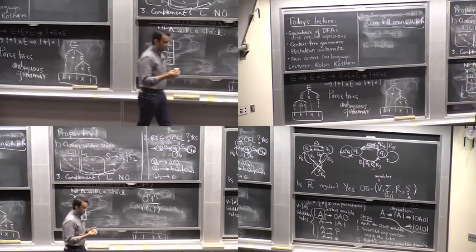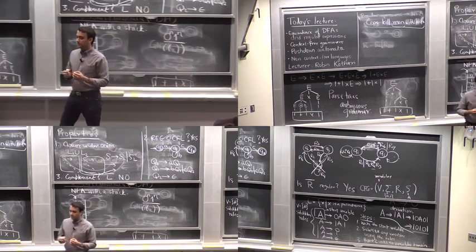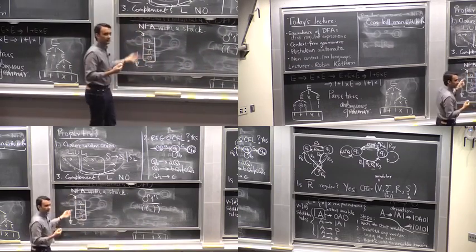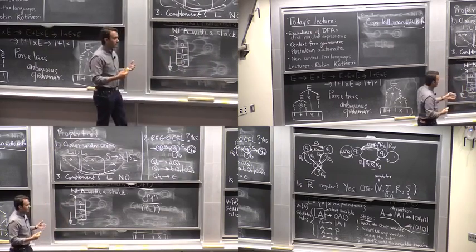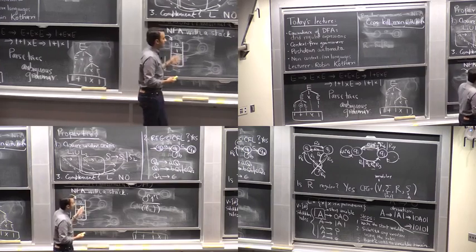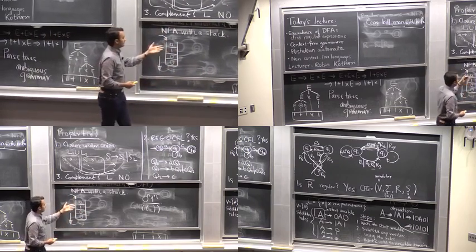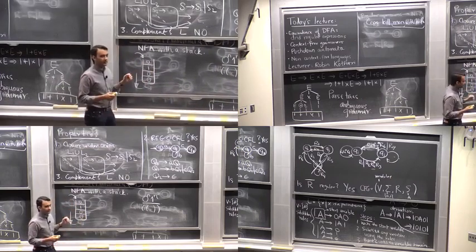So intuitively, the stack is giving you exactly the power that you were missing in DFAs. The DFAs, the one thing it didn't have was the ability to store information like this. This is a very limited form of storage. Like, you're not allowed to access random bits that you feel like. But this is still good enough. And this is exactly what you need to capture context-free grammar. So a push-down automaton is exactly an NFA with a stack.